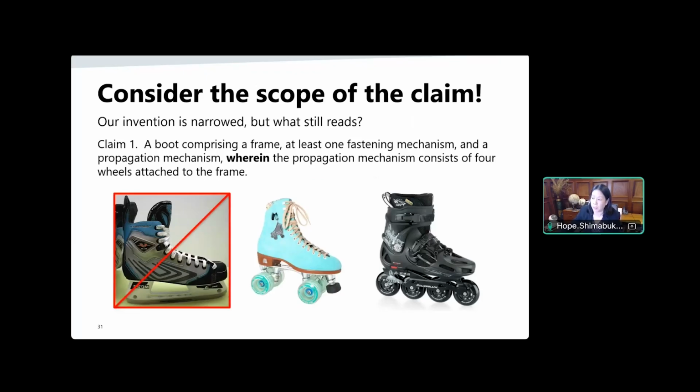Now the claim reads, a boot comprising a frame, at least one fastening mechanism, and a propagation mechanism wherein the propagation mechanism consists of 4 wheels attached to the frame. And so now we have what we call overcome the hockey skate as prior art. However, we still haven't overcome what is in the middle picture, which is the quad roller skate.